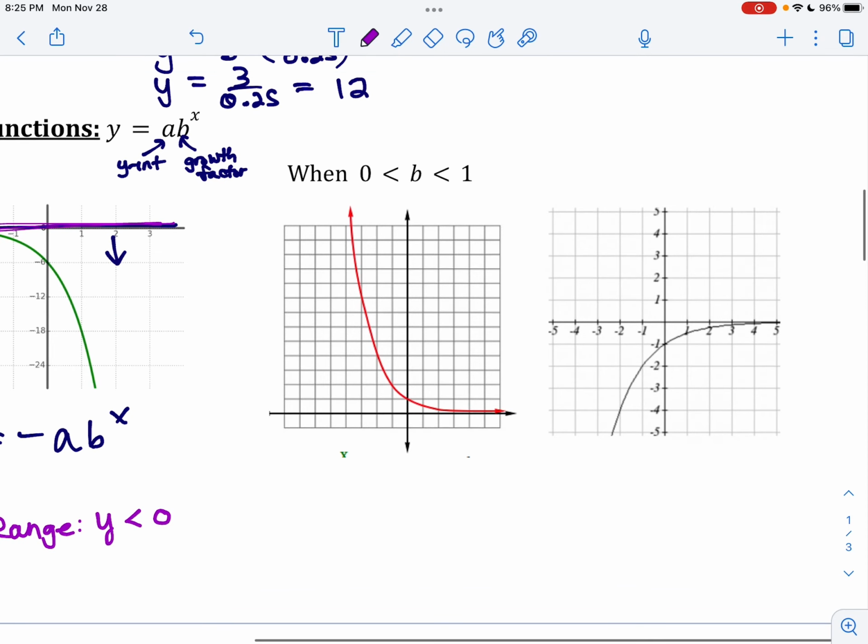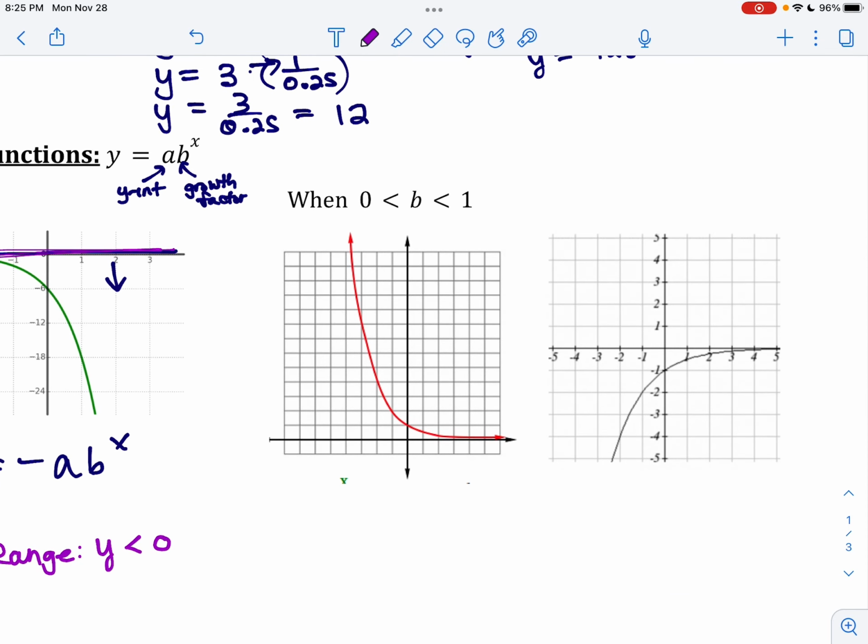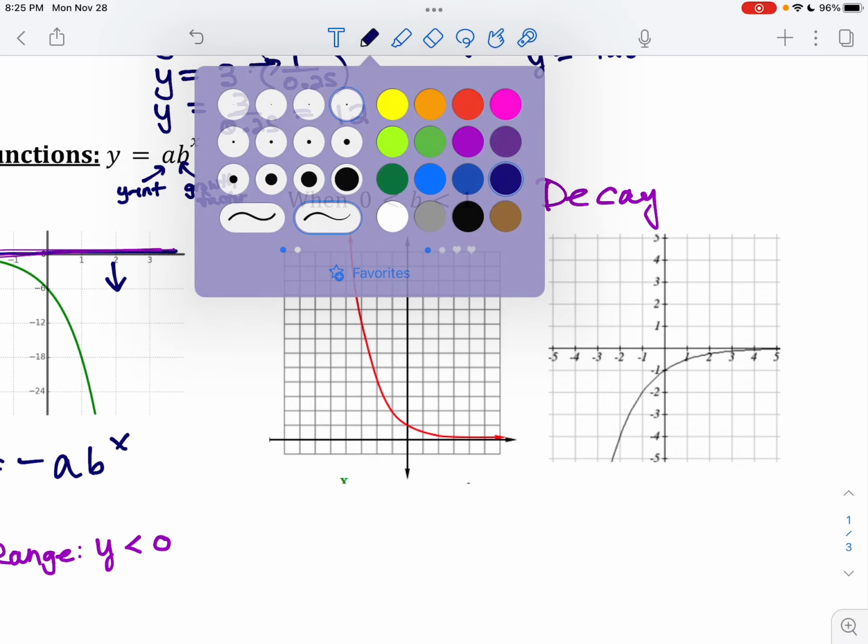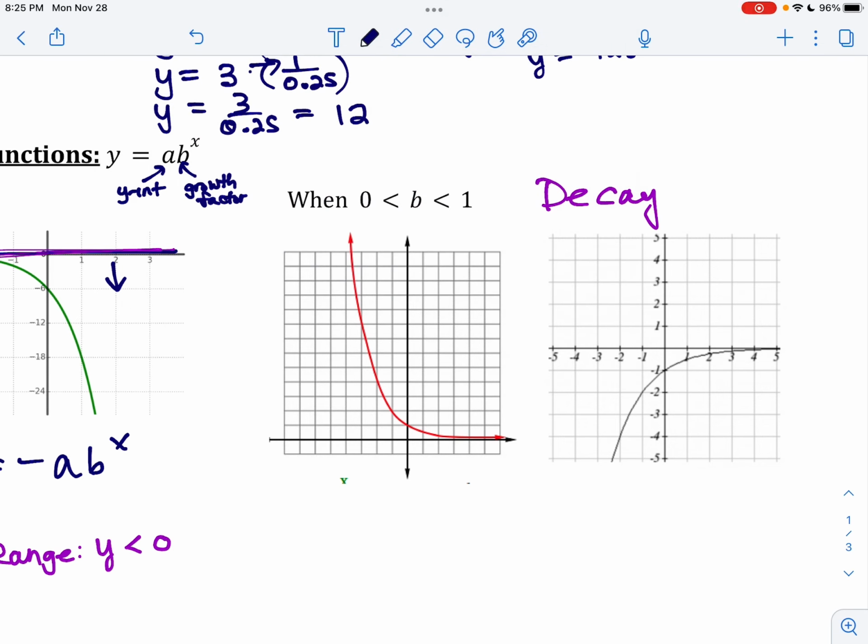So looking at this one, this is decay because the b value is between 0 and 1. So we know that is going to be some type of a fraction. If it's a fraction or a decimal that is smaller than 1, then it is going to be a decay.